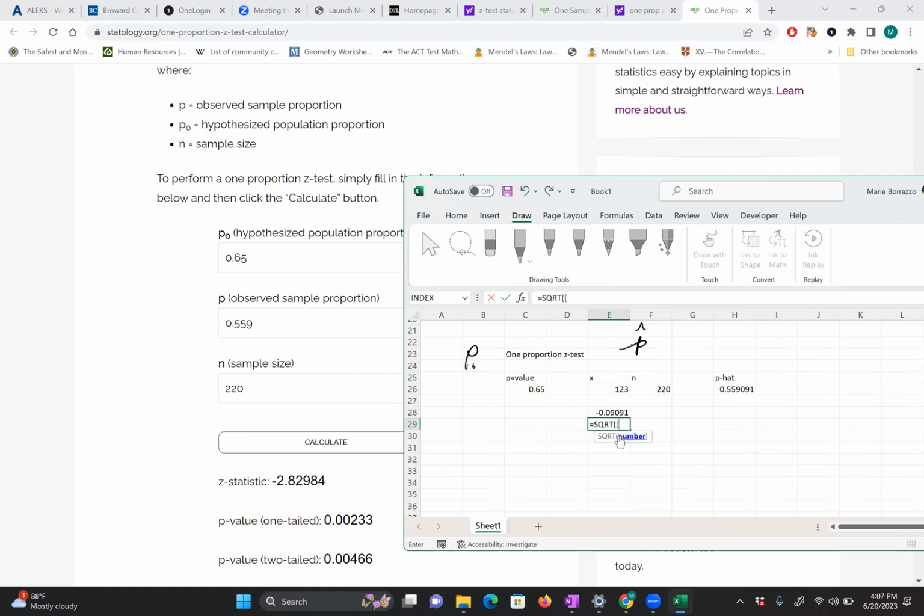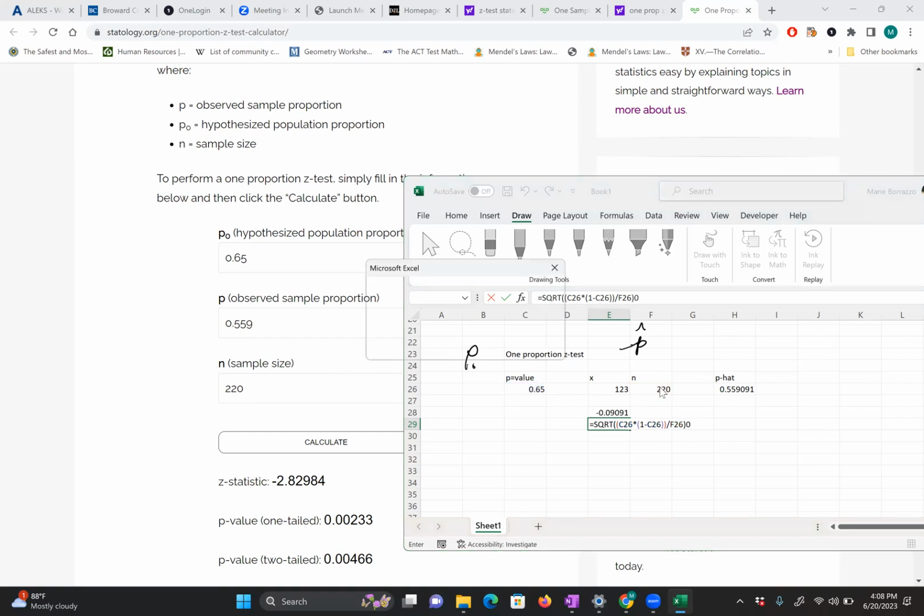I'm going to do double parentheses of this number times parentheses 1 minus this number again, close parentheses, divided by n, which is always 220. Close parentheses.